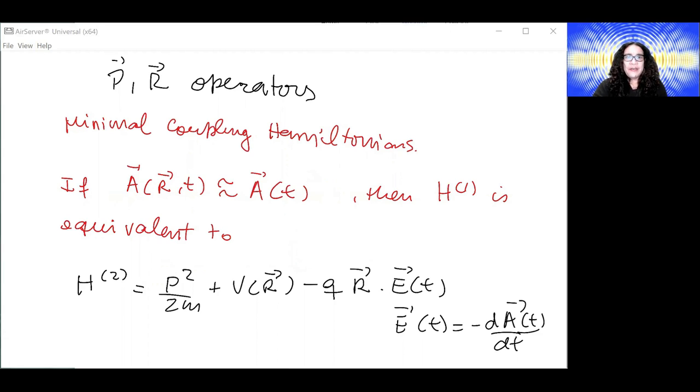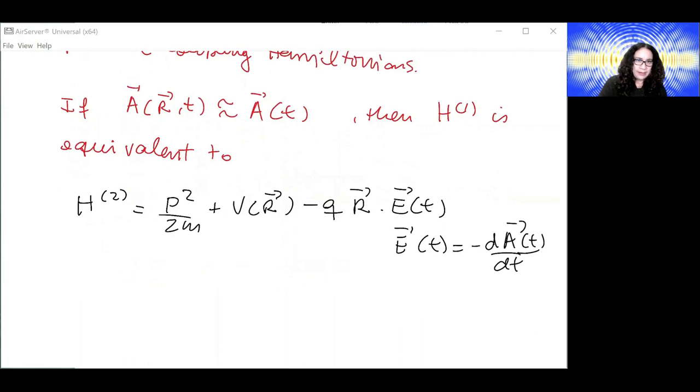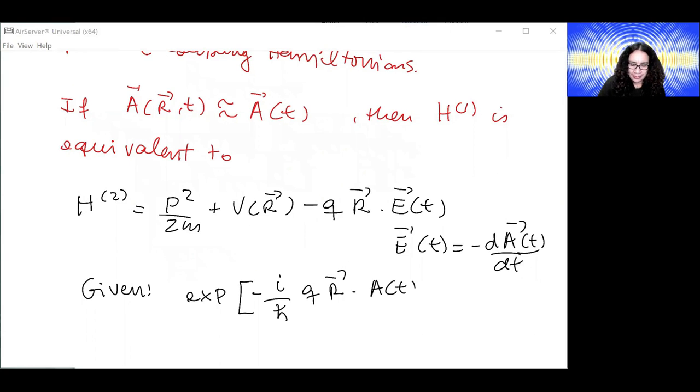We're going to apply the unitary transformation that is given, which is T equals exp of minus 1 over h bar q r scalar product with A(t).